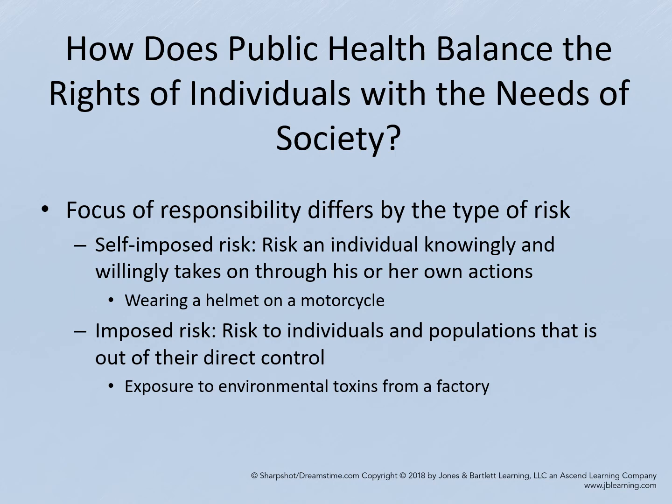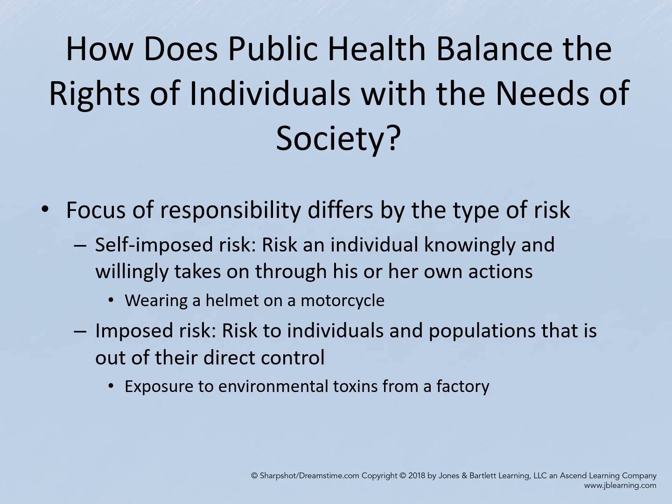He feels, I don't want to wear a helmet, I want to just feel the air in my hair. But you know how dangerous it is, right? So choosing not to wear a helmet while riding a motorcycle is the individual's own risk. That is a self-imposed risk.